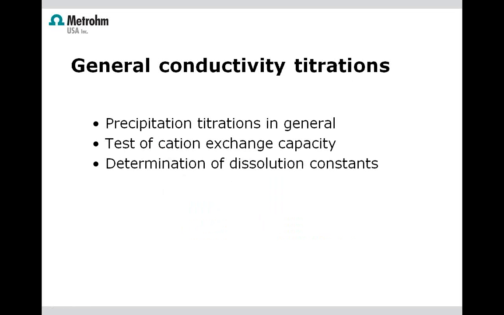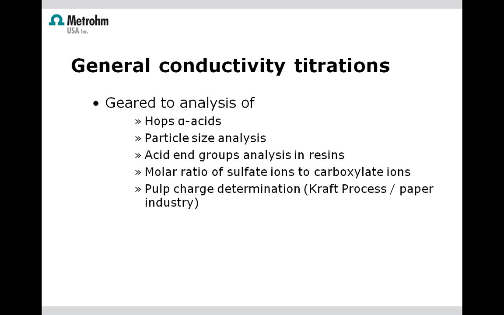Conductivity titrations are nothing new. They've been around for quite a long time, but they're getting more and more applicability as they get a little more exposure now as well. They are excellent for precipitation titrations in general. You can use it as a test of cation exchange capacity, also for determination of dissolution constants.